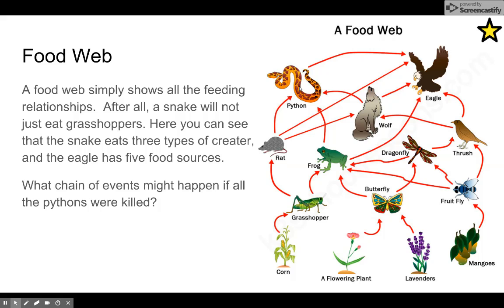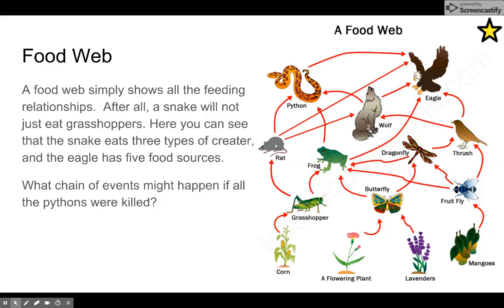Now, if we eliminate the python, what do you think would happen? Well, your first thought might be, wow, we're going to get a lot of rats. But if we get a lot of rats, the number of grasshoppers may fall, and the rats could starve to death.